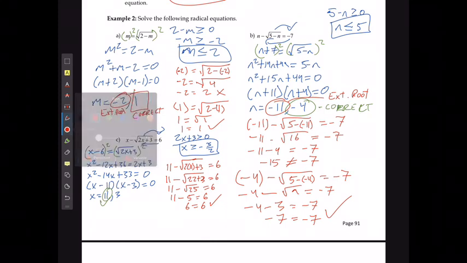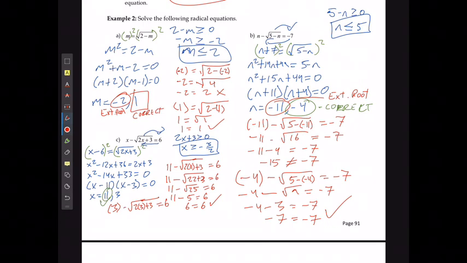All right, and let's check the other one. If I have 3 minus the square root of 2 times 3 plus 3 is equal to 6, or 3 minus the square root of 9 is equal to 6, 3 minus 3 equals 6, 0 equals 6.